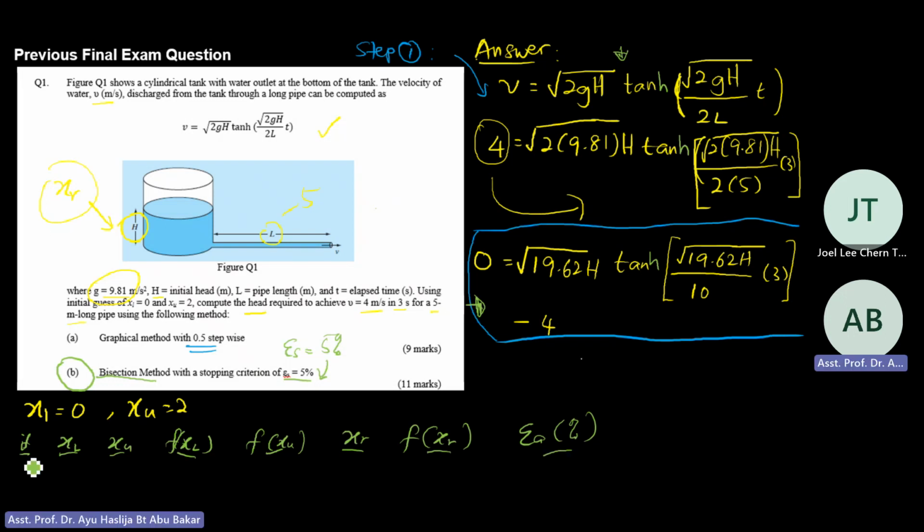For the first iteration, you should start with XL 0 and XU 2, the given range. So find out FXL and FXU.